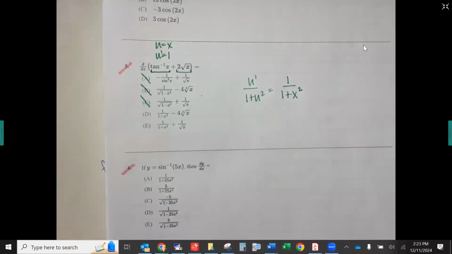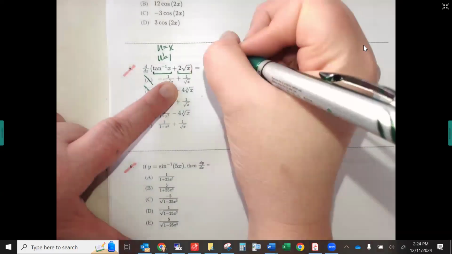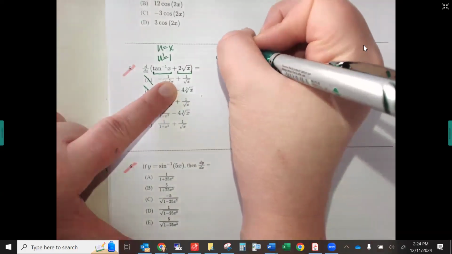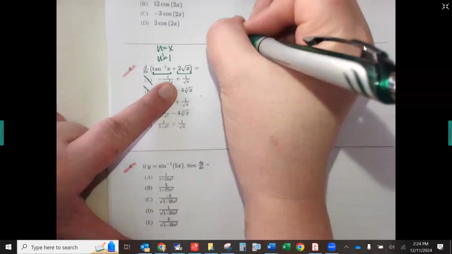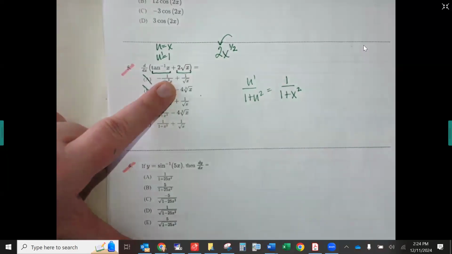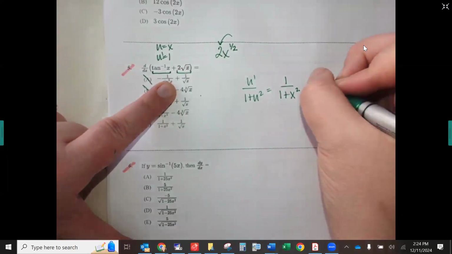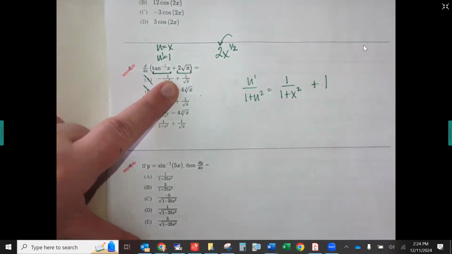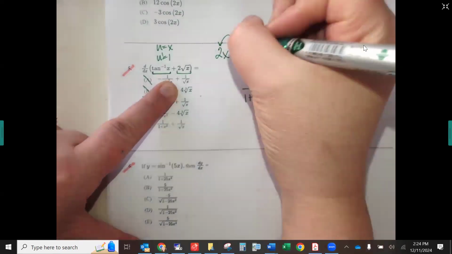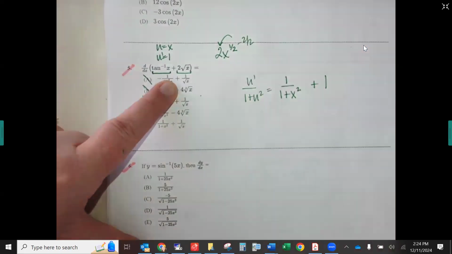What is root x the same as in terms of an exponent? What power? 1/2. Very good. So this is really 2x to the 1/2. So now let's take the derivative of that. What's 1/2 times 2? 1. And then I need to take away 1 from the power, but it was already only 1/2. So if I take away 1, that'd be 2/2.